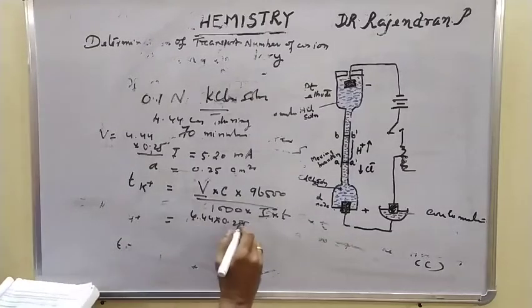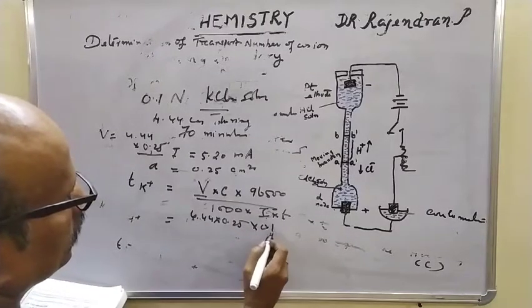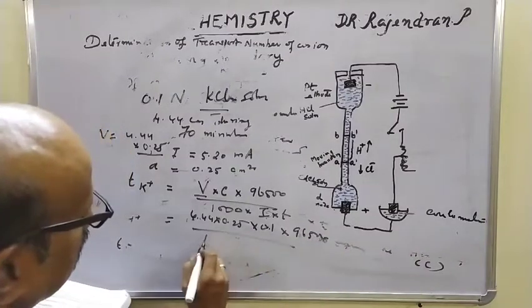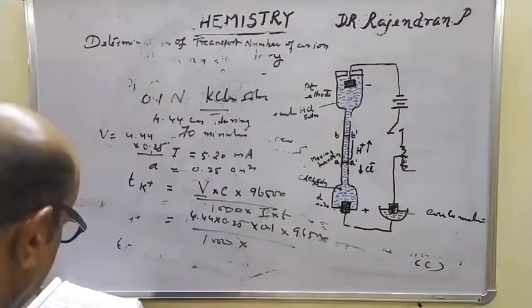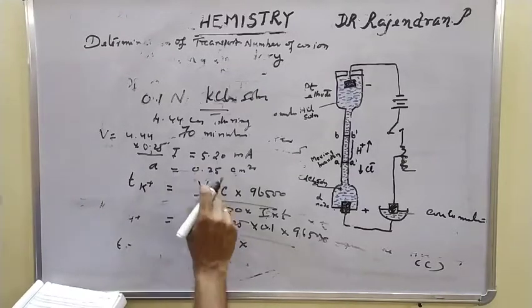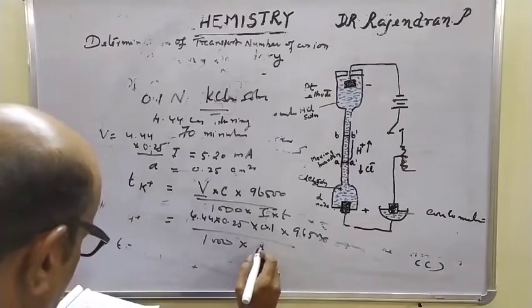Then C is 0.1 normal, F is 96,500, divided by 1000 into IT, where I is 5.2 milliampere.